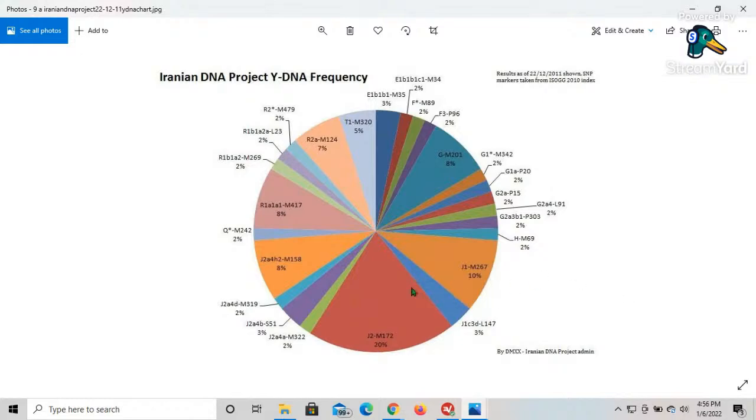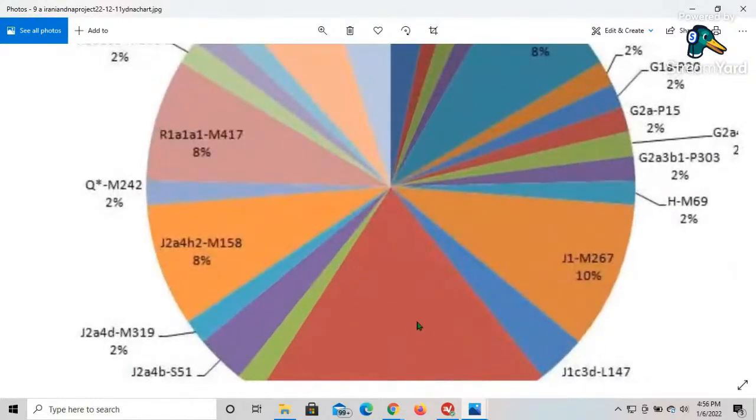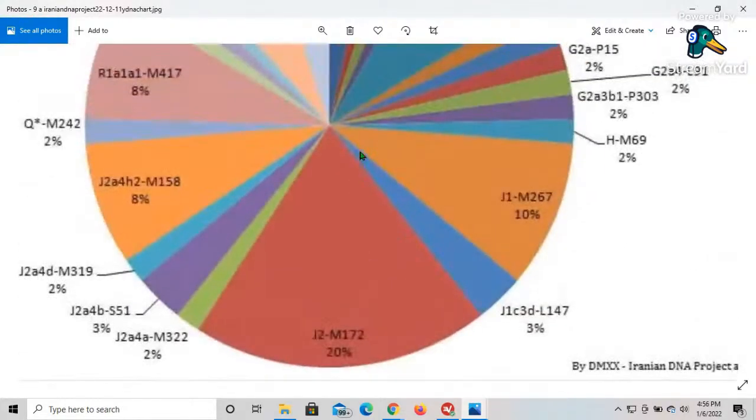So this is interesting here because, for the fun of it, let's just say that J2 is Judaic, kind of obviously J2 is Judaic. This is J2, J2, J2. So these would be people from the tribe of Judah, right?